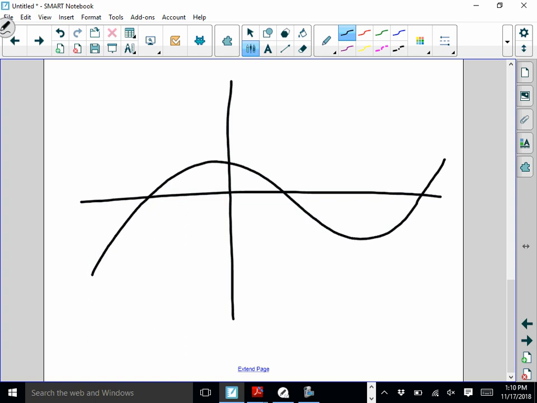Okay, so let's say that this is a graph of f prime of x.